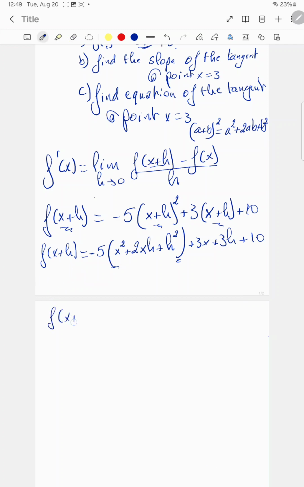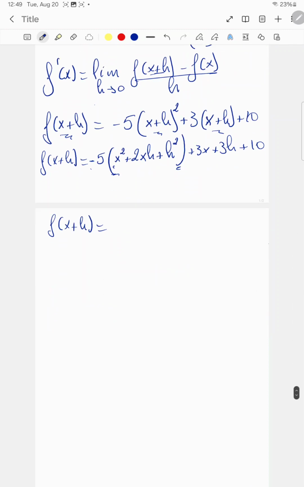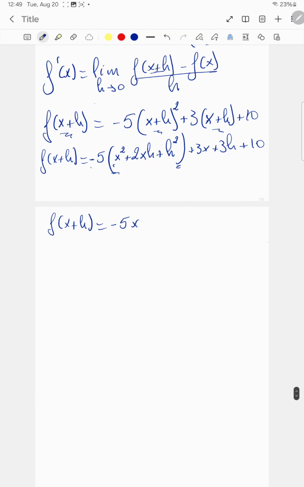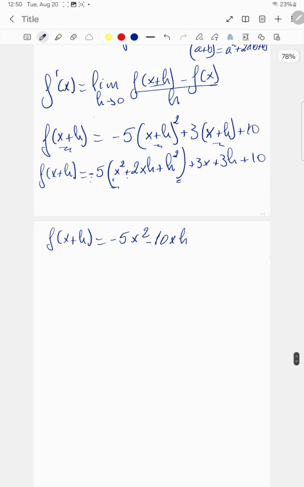So f of x plus h is equal to, minus times plus is minus, so minus 5x squared, and minus times plus is minus 10xh, because 5 times 2 is 10, minus times plus is minus 5h squared, plus 3x plus 3h plus 10. Okay? So now I have my f of x plus h.